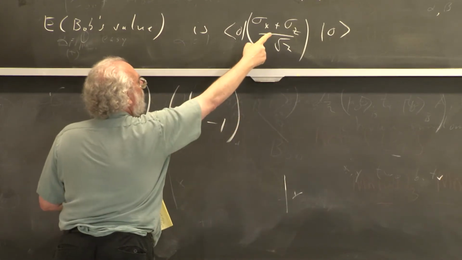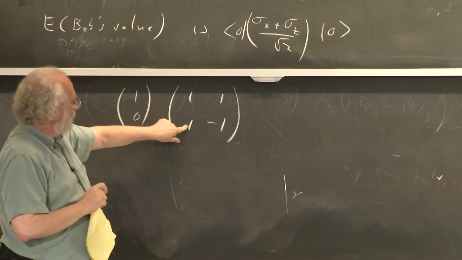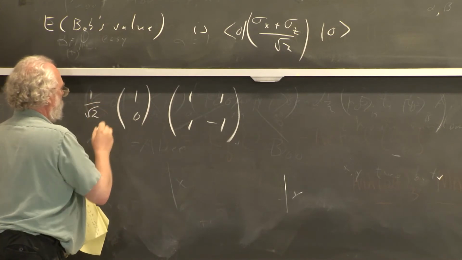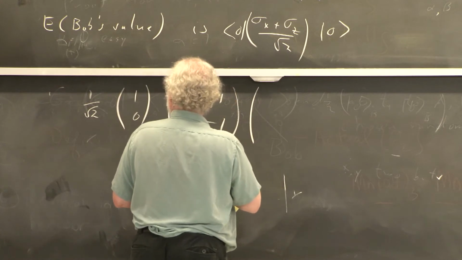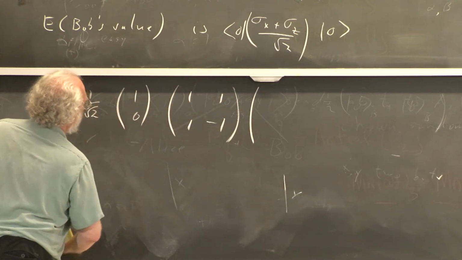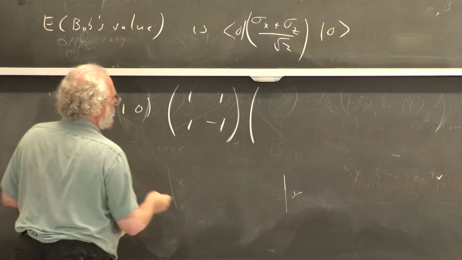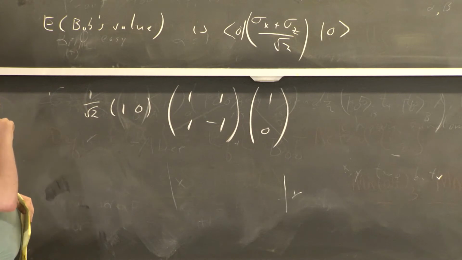So that's sigma x plus sigma z, because sigma x was 1, 1 here, and sigma z was 1, minus 1. And let's put a 1 over root 2 in front of that, times. OK, this should have been a row vector. And this should be a column vector.